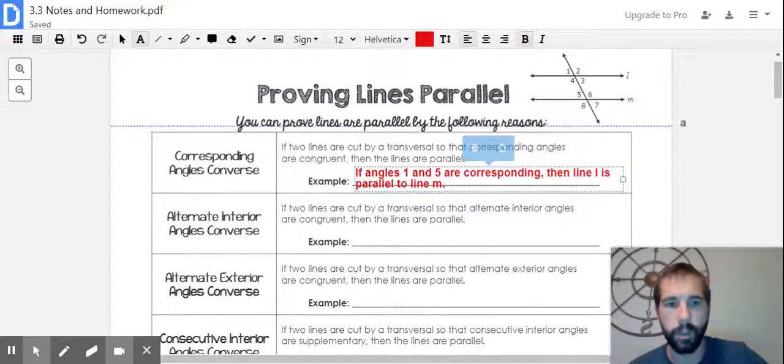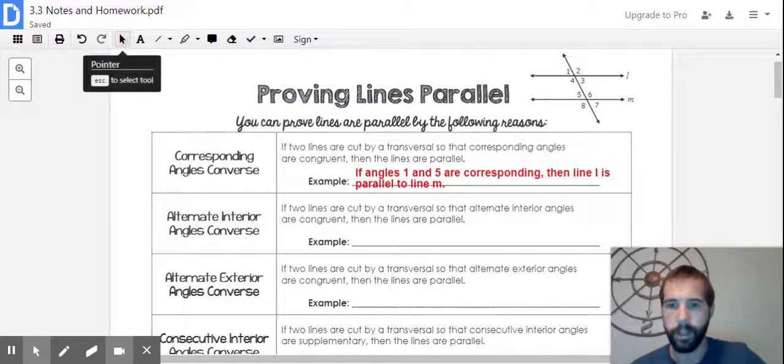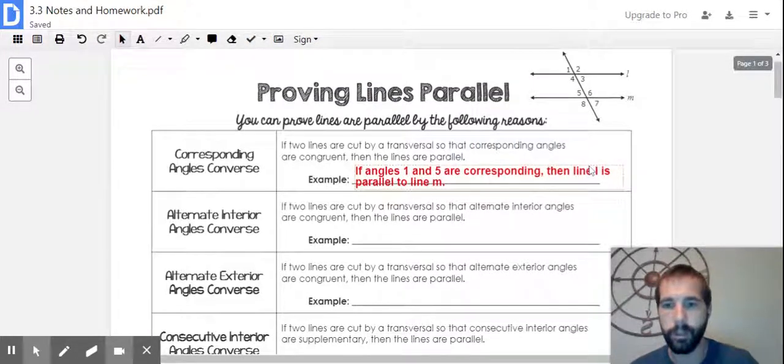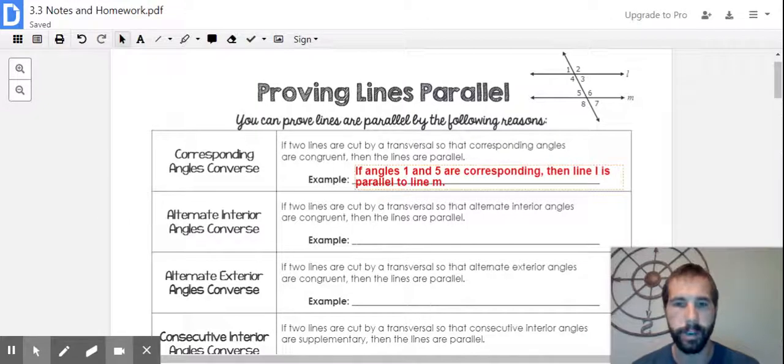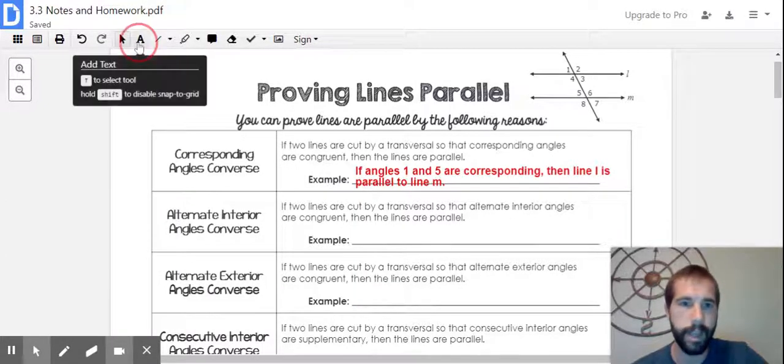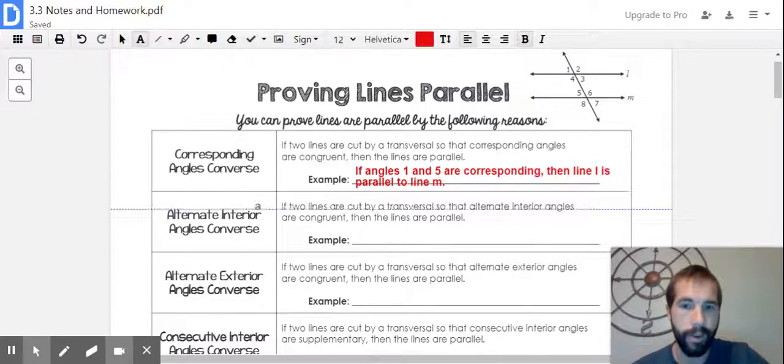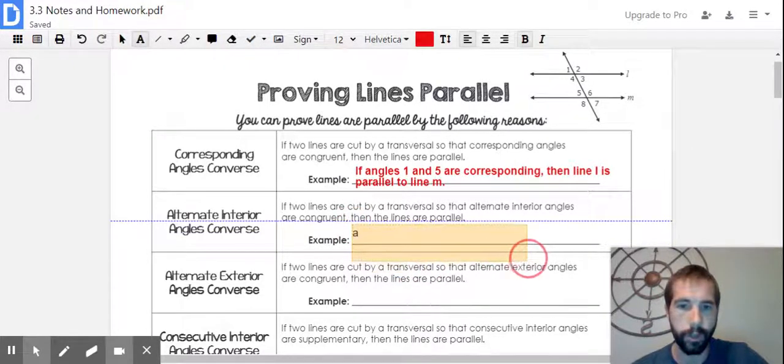Okay, so the same thing works with alternate interior angles. So if we can prove that the alternate interior angles are congruent when two lines are cut by a transversal, then the lines are parallel. So up in the picture above, let's pick a pair of alternate interior angles. So you should see two pairs. There's 4 and 6 are alternate interior, and then 3 and 5 are alternate interior.